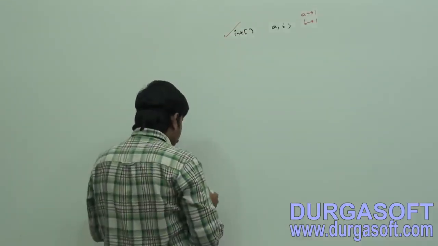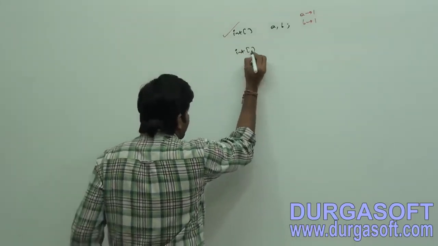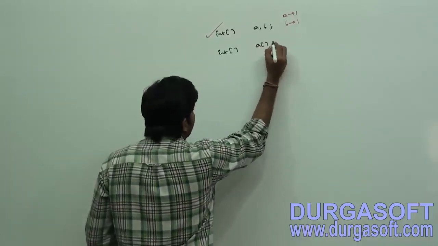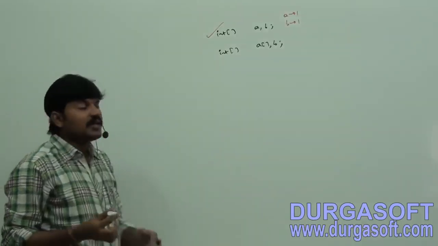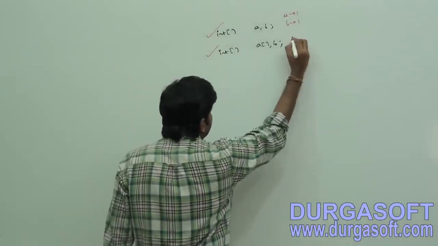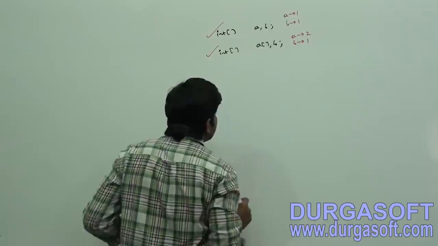Now, sir, I am taking int[] a[], b. It is also valid. What is a's dimension? a's dimension is 2. What is b's dimension? 1.